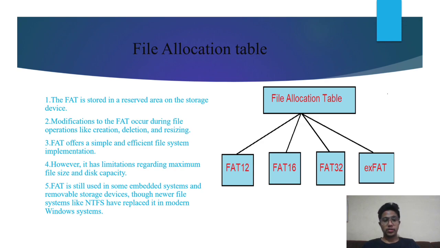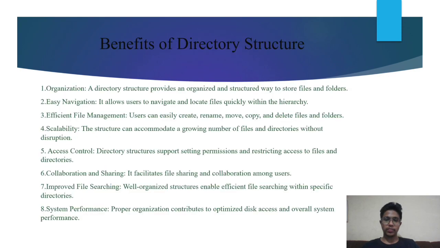However, it has limitations regarding maximum file size and disk capacity. The FAT is still used in some embedded systems and removable devices, though newer file systems like NTFS have replaced it in modern Windows systems. Four types: FAT12, FAT16, FAT32, and exFAT.